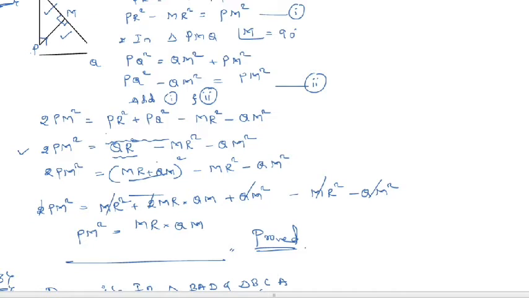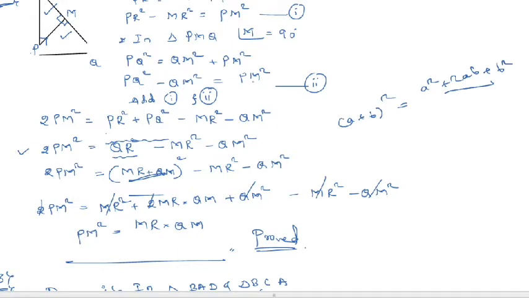Now, 2 PM square is equal to, expand this one according to formula, (A plus B) whole square is A square plus 2AB plus B square. On that basis we can expand this, then remaining terms as it is.